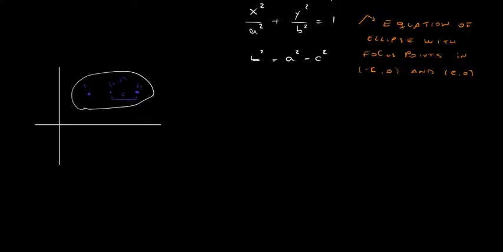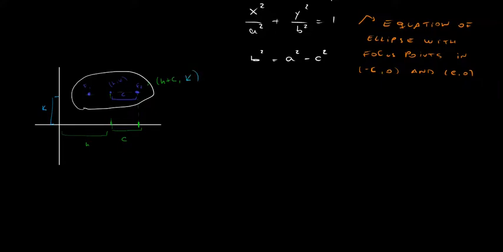F2 here has this distance c and this distance h, because here is the origin. So F2 has coordinates (h plus c), and the y coordinate is k, because it's the same as the center.